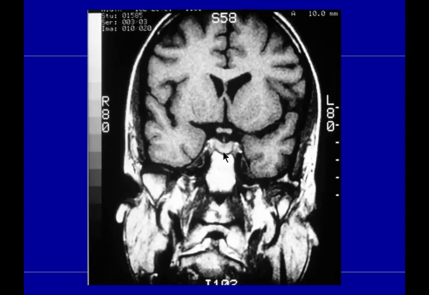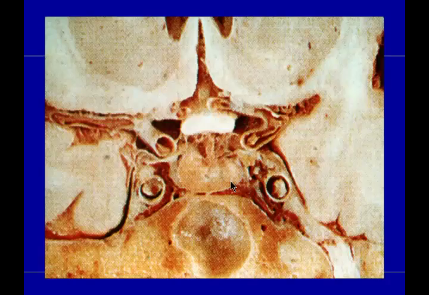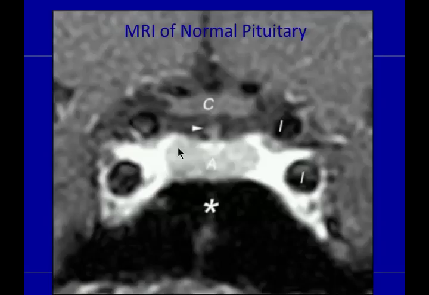That's really not important. The flow voids of the carotid artery are on either side. I think you can appreciate those. And then again, we can take a close-up view of what Sheehan showed, and here we see the close-up view on the MRI. Here's the void, this carotid artery, stalk, optic chiasm.